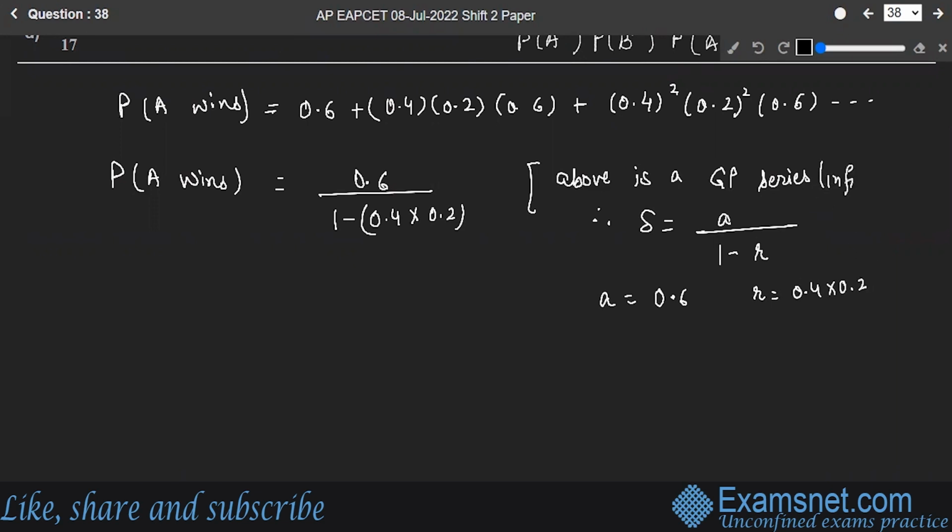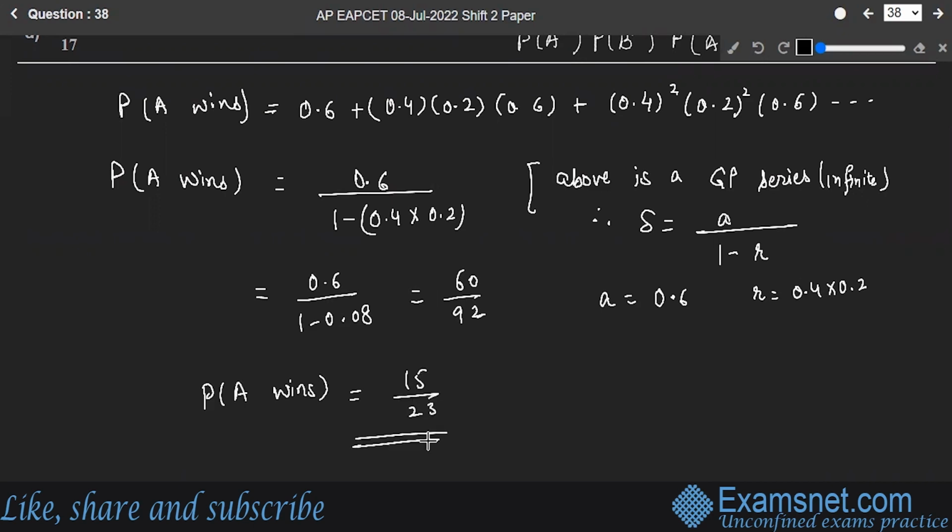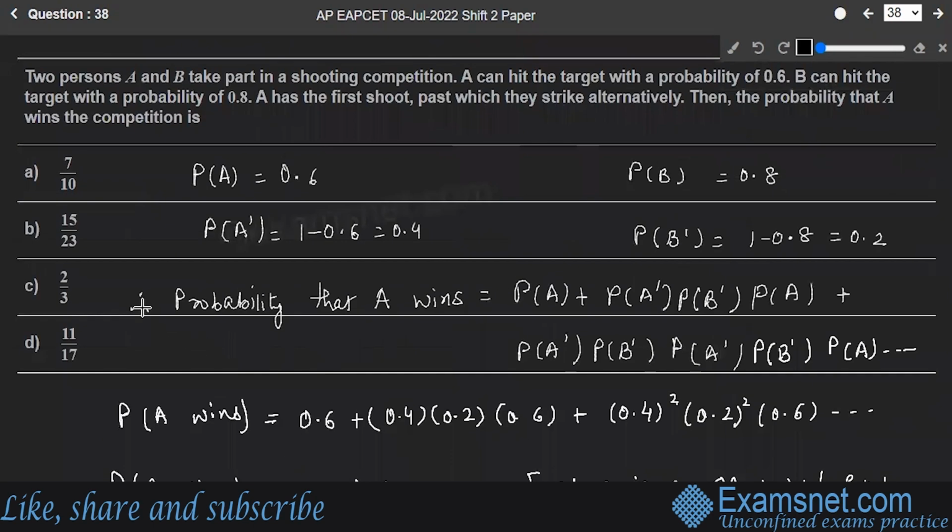This is an infinite GP series. This is the formula for the infinite GP series. Let's solve it. 0.6 upon 1 minus 0.08. This will give you 60 upon 92. That means the probability that A wins is given by 15 upon 23. This is the answer to our question. We have option B as the answer.